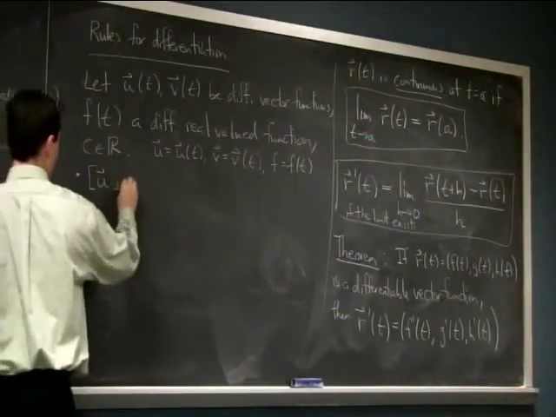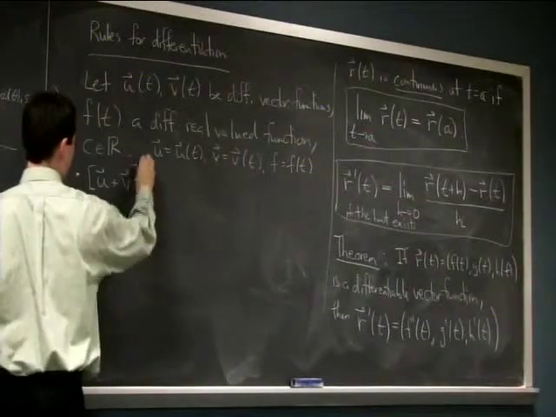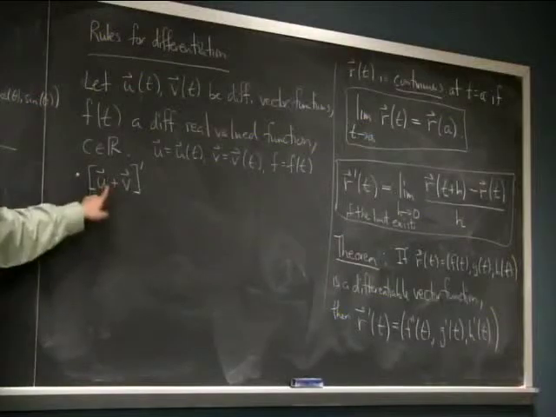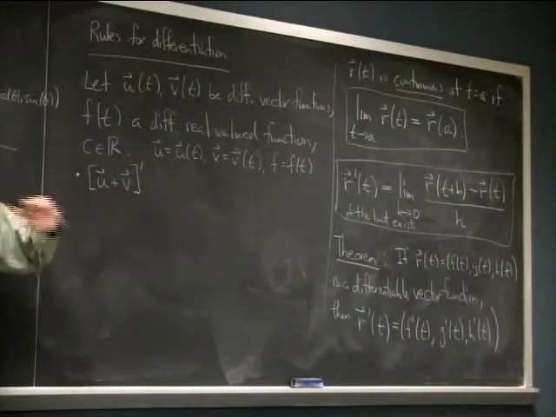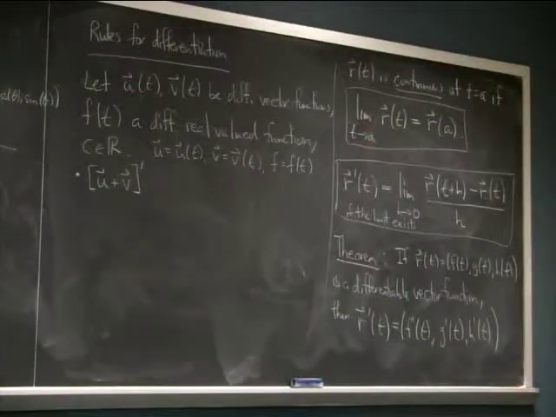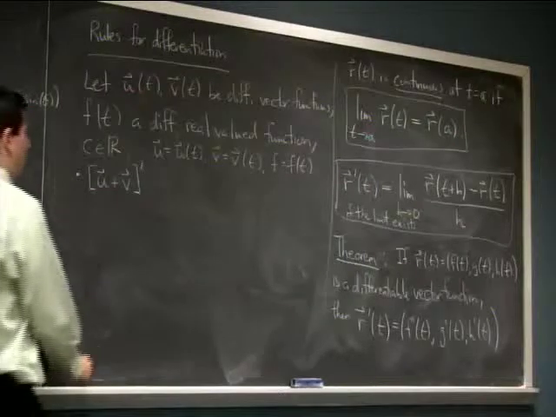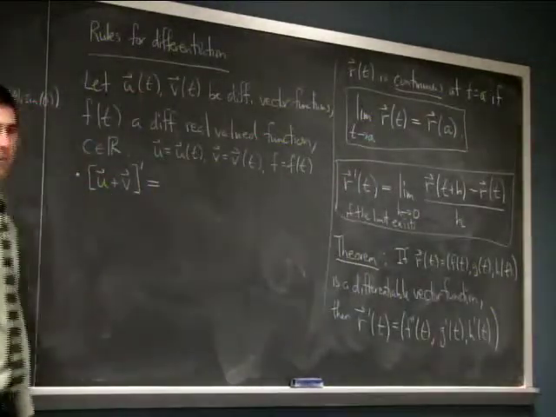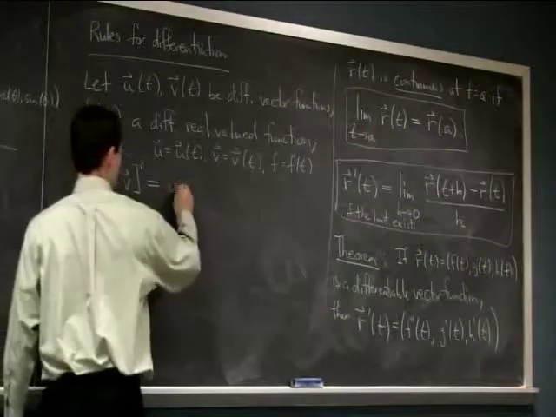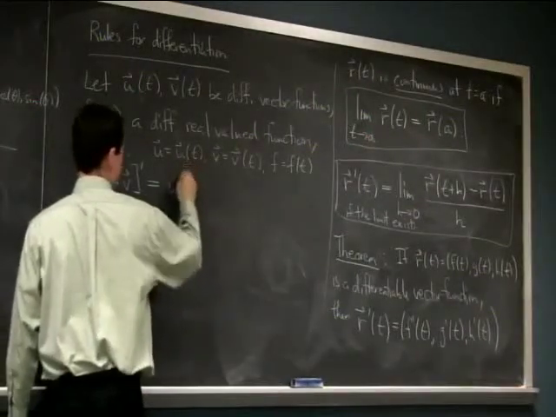So the first one is what happens if you add two vector functions and take their derivatives. So let me be clear. These are not vectors. Right? u and v, these are vector functions. And you can't take the derivative of a vector. What should this be? Sum of the derivatives. Derivative of sum is the sum of the derivatives.